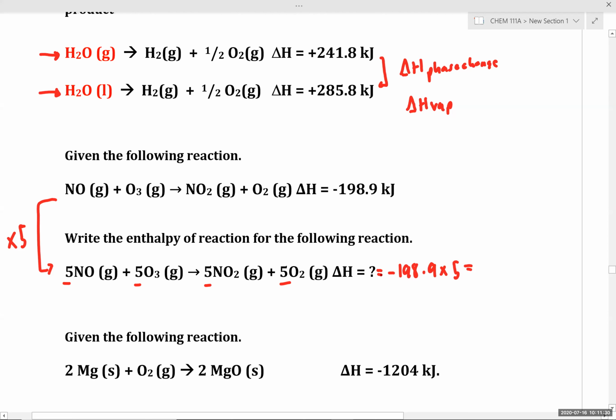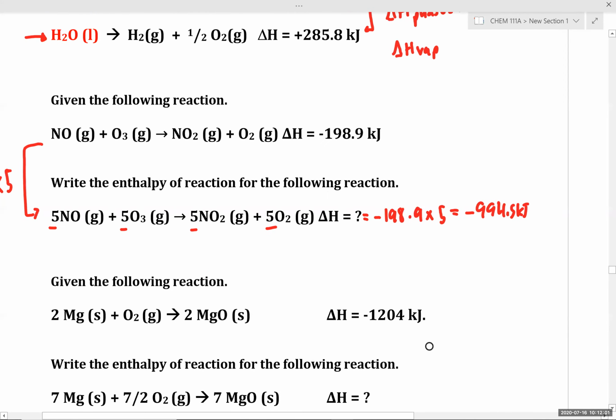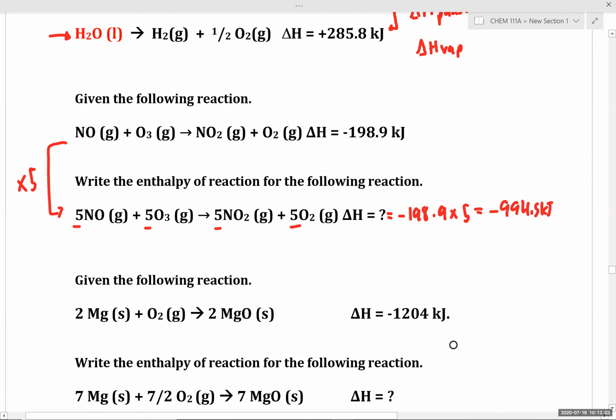And that in turn gives us our new enthalpy for this reaction, 198.9 times 5, which gives us 994.5 kilojoules after rounding. Just kilojoules in this case, since it's the overall reaction enthalpy and we haven't written it in terms of any of our reactants just yet.